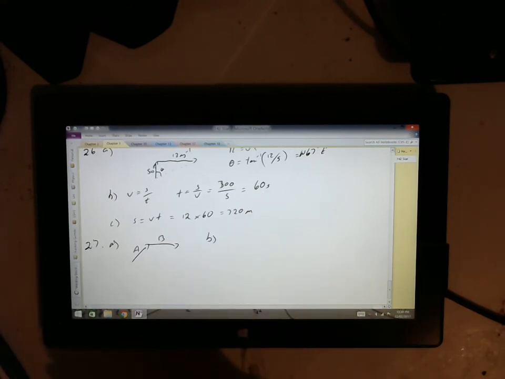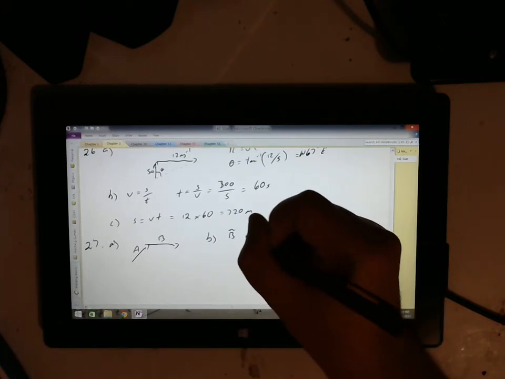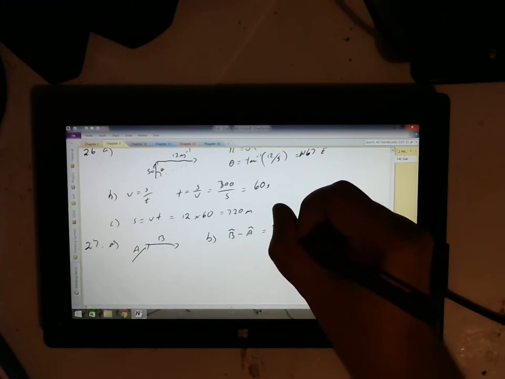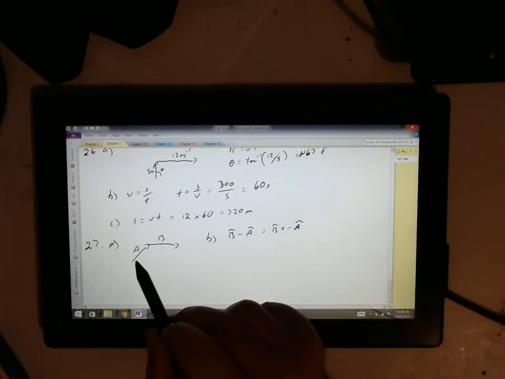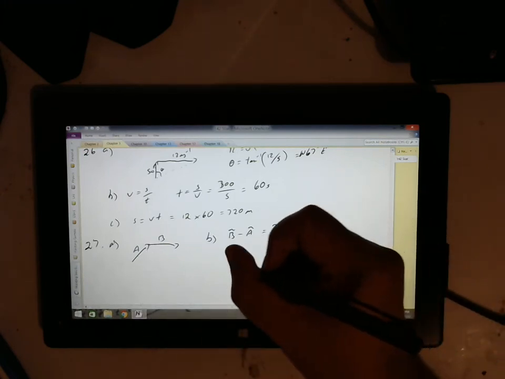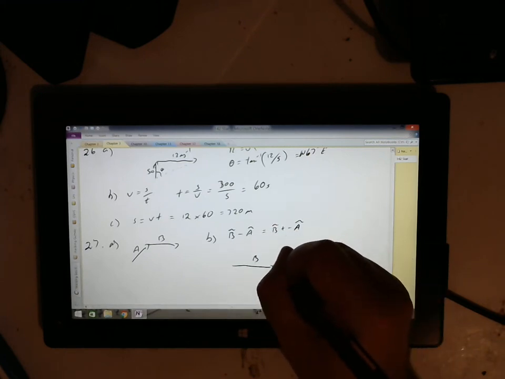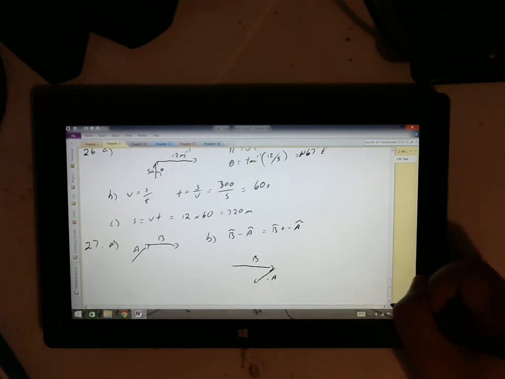Okay, now subtract vector A from vector B. So we're doing B take away A, which is exactly the same as B plus negative A. If A is going up to the right, negative A is going to come down to the left. So B, and then negative A.